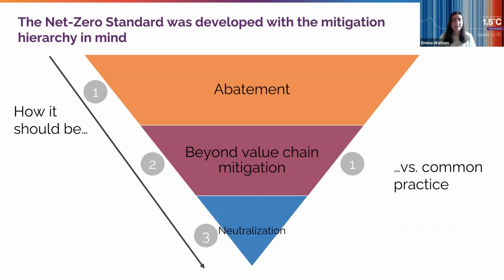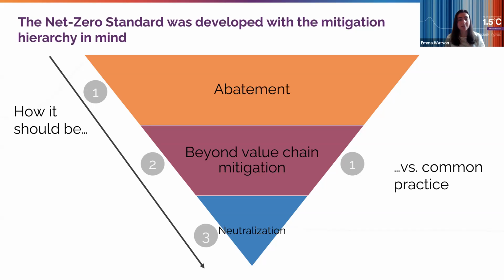When the net zero standard was developed, it was developed with the mitigation hierarchy in mind. That's another term that we often use within the net zero standard and the net zero foundations paper. What this means is that the most important piece of a company's climate targets should be focused on abatement. That's looking at reducing emissions within their own value chain, essentially walking the walk.